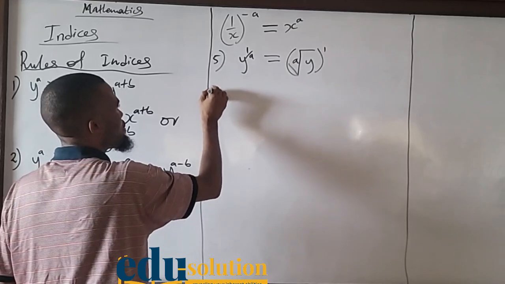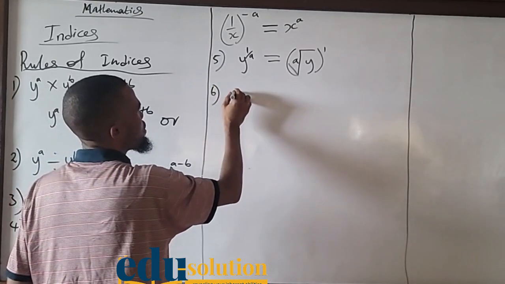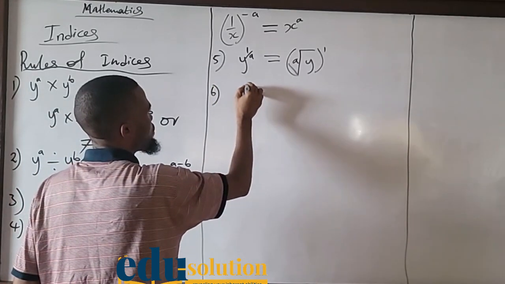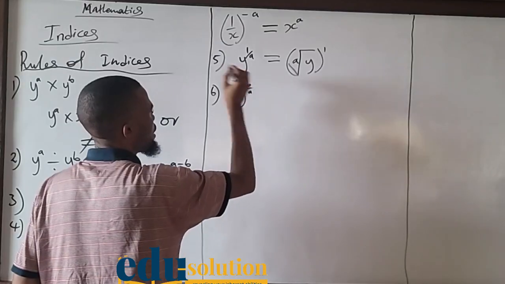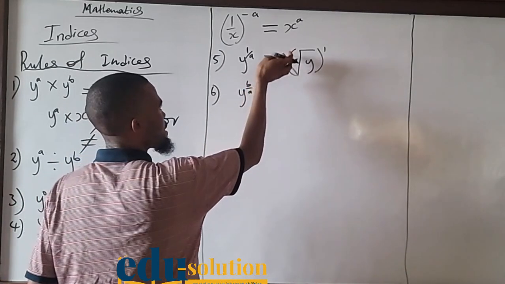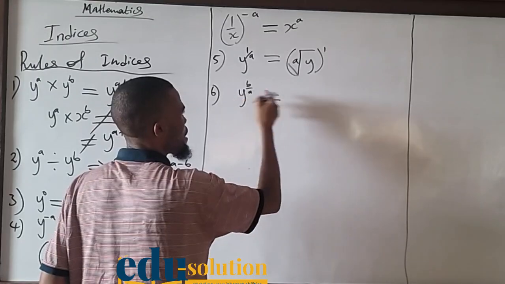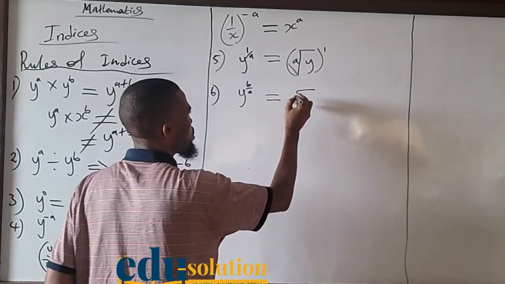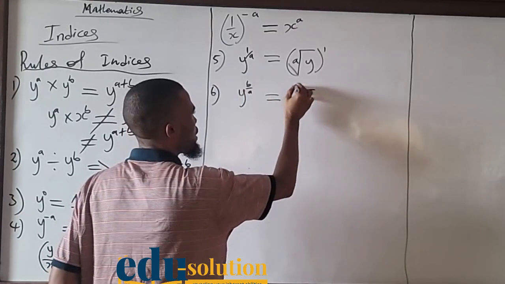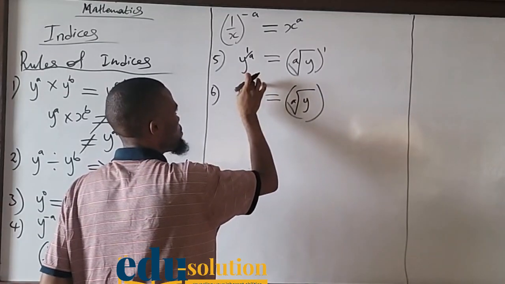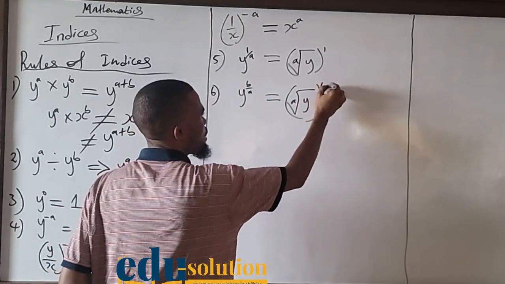And then we have, okay, second to the last, we have y raised to the power of b over a. So if we have something like this, just same as this, we are going to be having the denominator of the power, which is a. So we have a-th root of y, and then everything raised to the power of the numerator of the power, which is b.